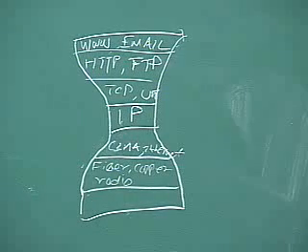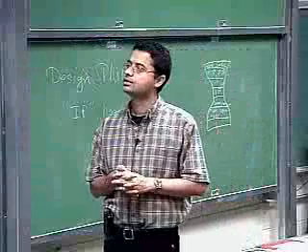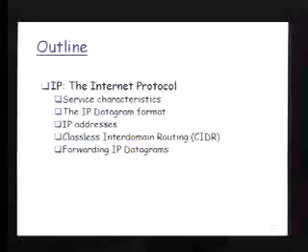So now let's take a look at IP, the Internet Protocol. We'll look at what the service characteristics of IP are. We already have some idea. We said earlier that UDP is a stripped down IP. We'll look at the datagram format. Then we'll come to IP addresses, and more specifically IPv4 addresses, because that's what we are dealing with in today's internet.